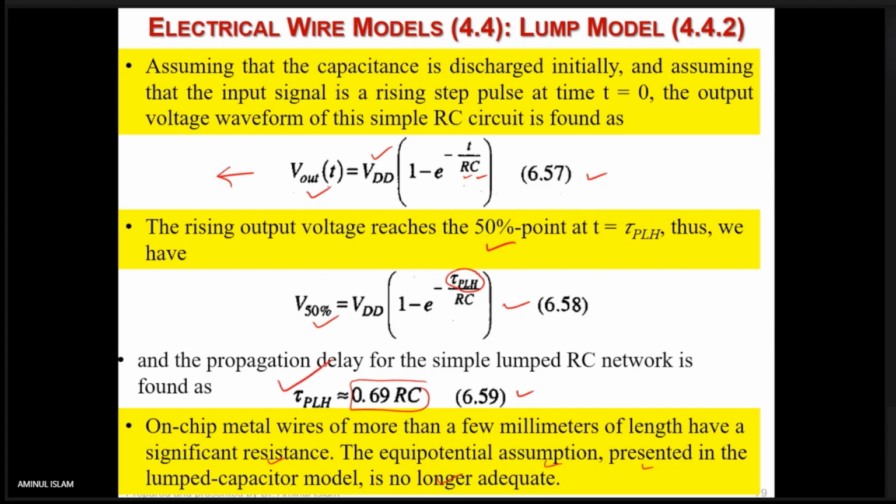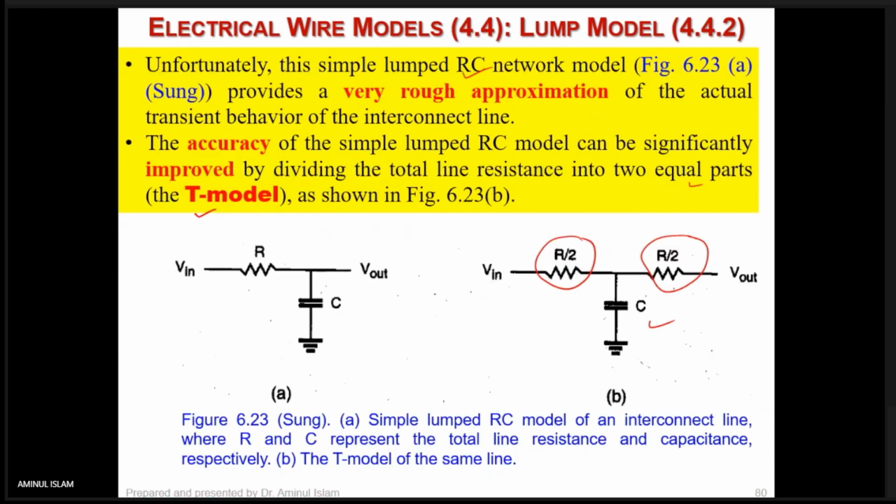We have also discussed this earlier. Yes or no? How much time is required to raise the output of the inverter up to 50%? Then 10% and 90% also we have discussed. Yes, sir, we discussed. So quickly we'll go through.